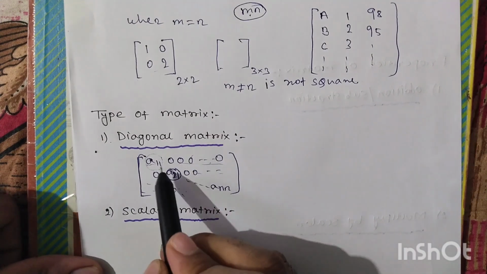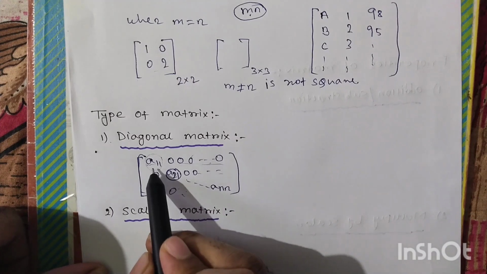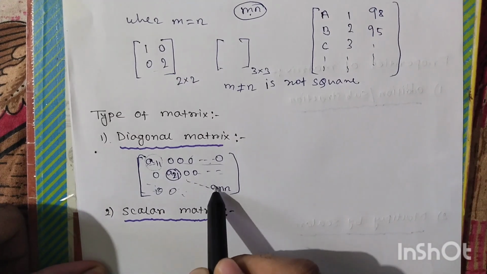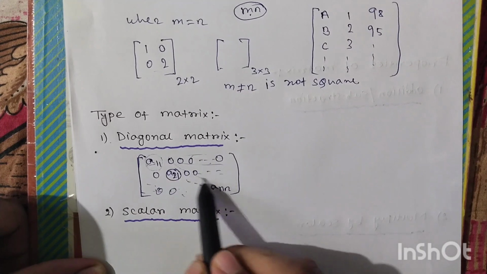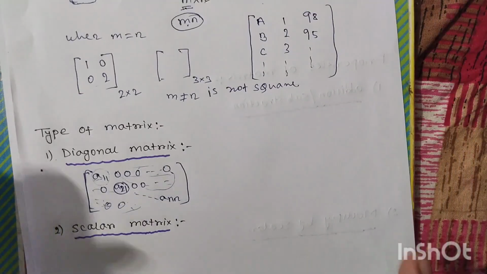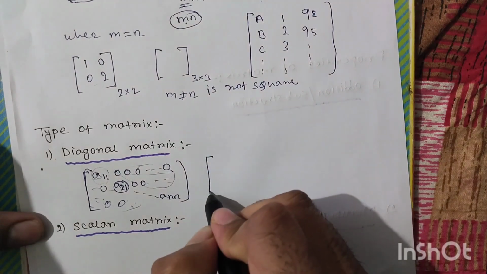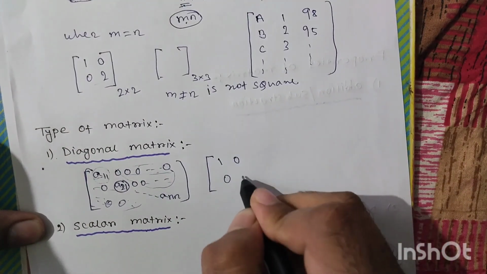We are not interested in whether these diagonal elements are zero or not zero, but the remaining elements here must be zero. Observe the example of a diagonal matrix, 1 0 0 1.